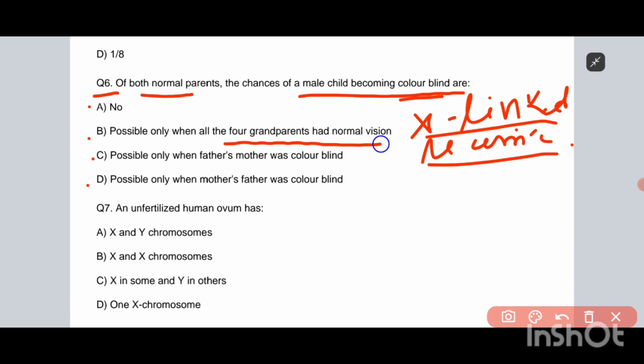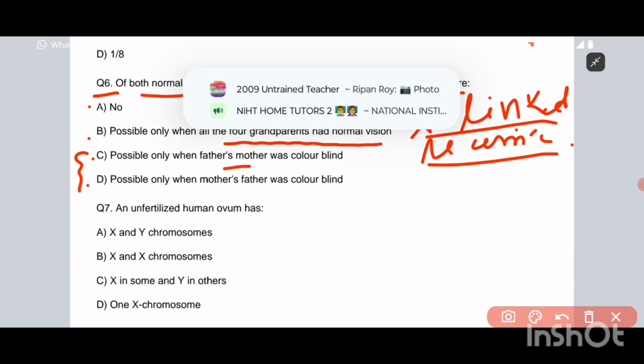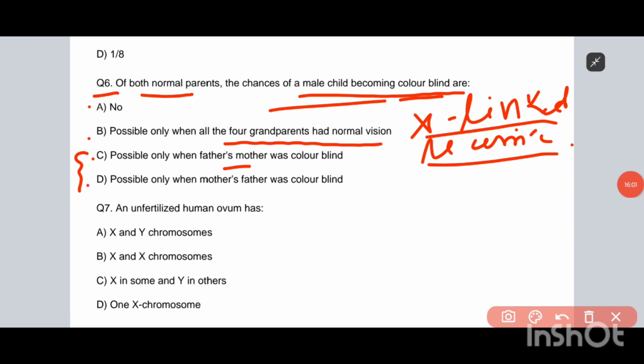It is also excluded from the answer, because when the grandparents had normal vision, there is no chance left of a male child bearing the colorblind trait. Okay, so the confusion remains between option C and option D: possible only when father's mother was colorblind, or possible when mother's father was colorblind.